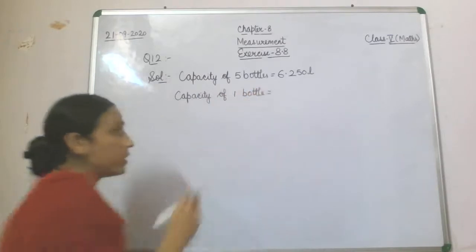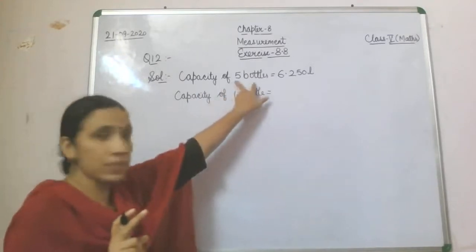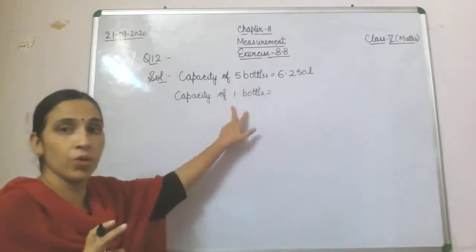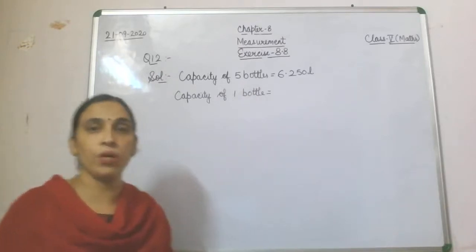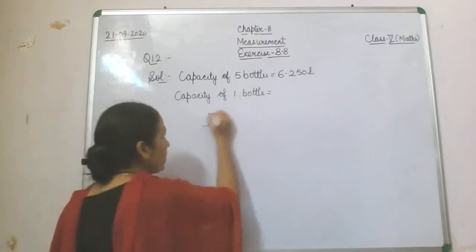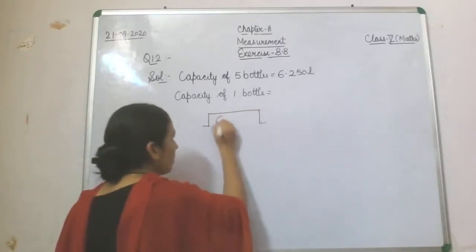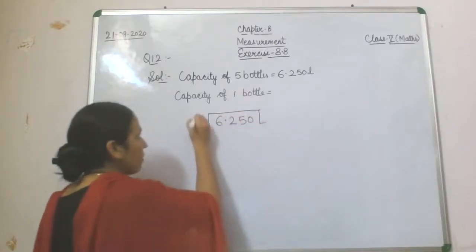Here you can see the concept of many and one is there. Capacity of many is given and you have to find that of 1. And this is called the unitary method when you are finding the capacity of one thing. So what we will do? We will divide this 6.250 by 5.